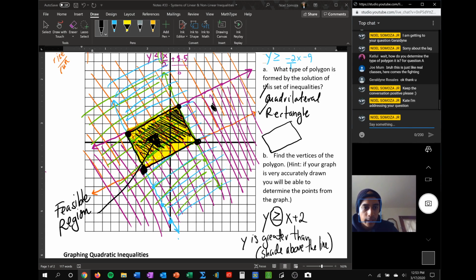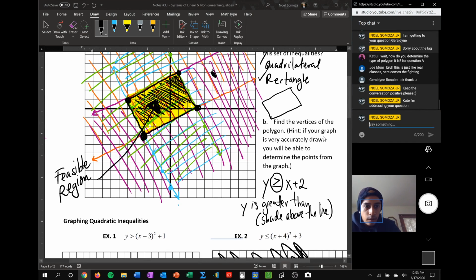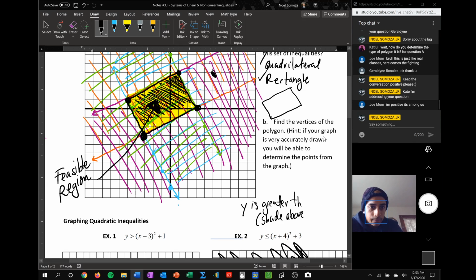Okay, so I hope that helps, and then we can try to move on. All right, let me erase this. This was just a little baby example.